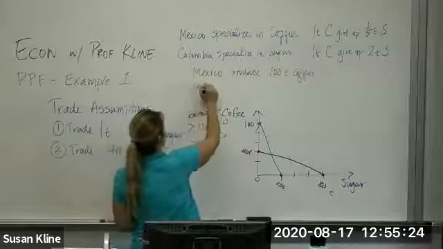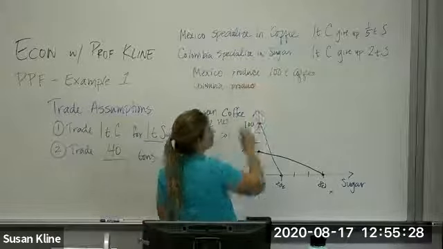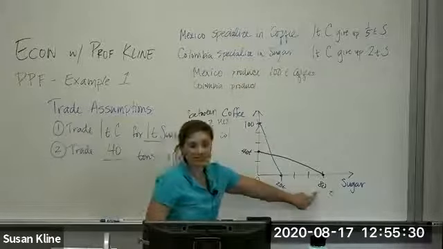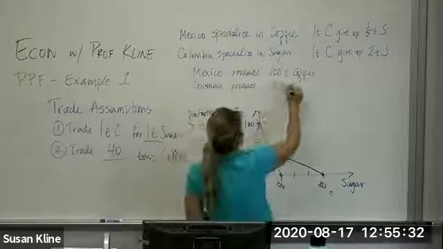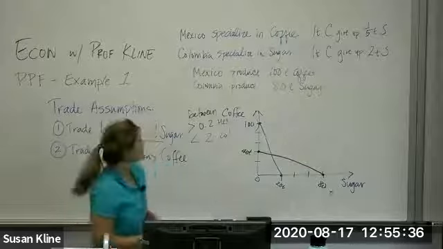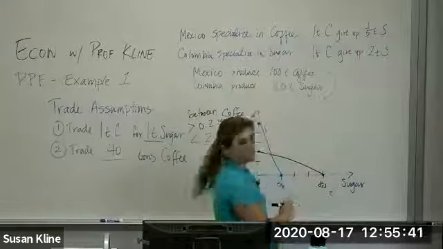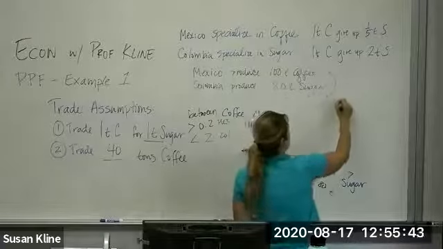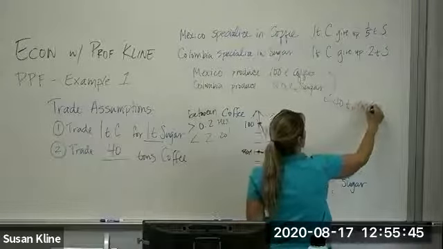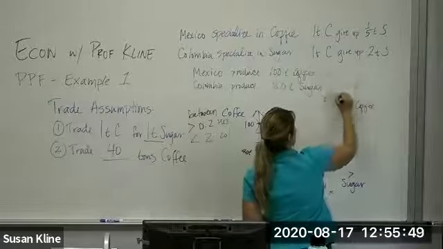And Colombia, because they're only going to produce sugar, is going to produce 80 tons of sugar. Okay, and so now Mexico is going to send Colombia 40 tons of coffee, right? So that is Mexico sending it to Colombia.